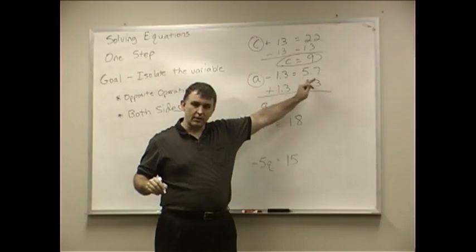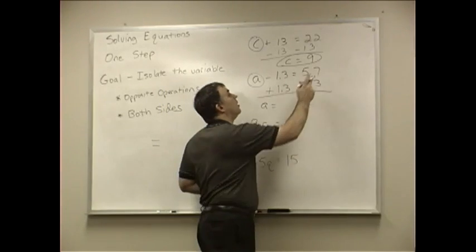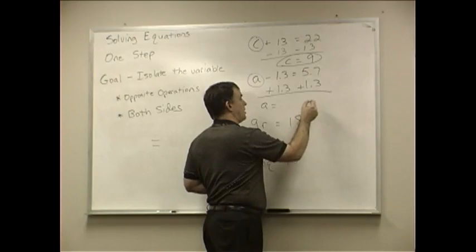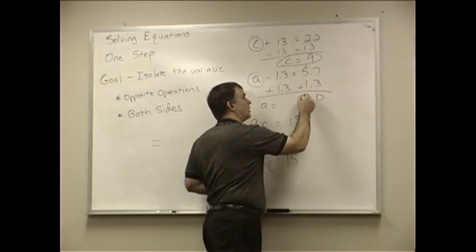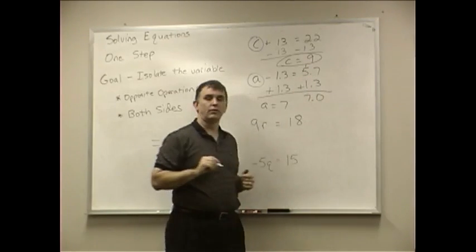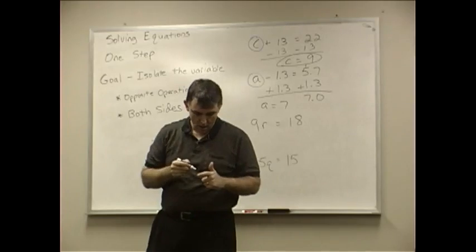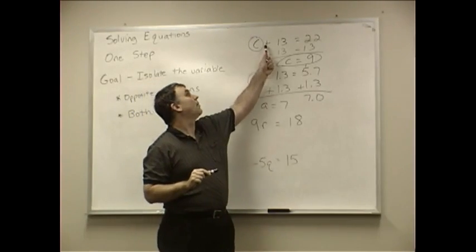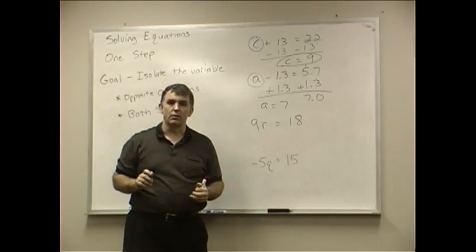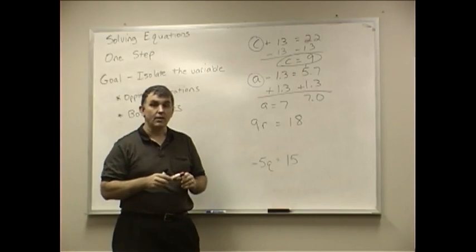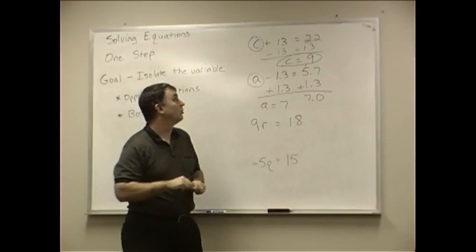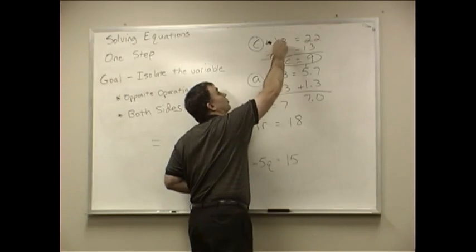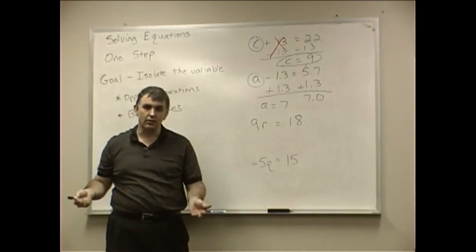When you're dealing with decimals, you want to line them up. 5.7 and 1.3: 7 plus 3 is 0, carrying 1, giving 7.0, or 7. Now, I want to point something out really quick. Positive 13 and negative 13, when you add those together, they add up to 0. A lot of times, teachers will cross them out when it cancels.